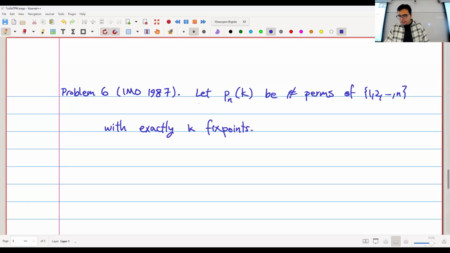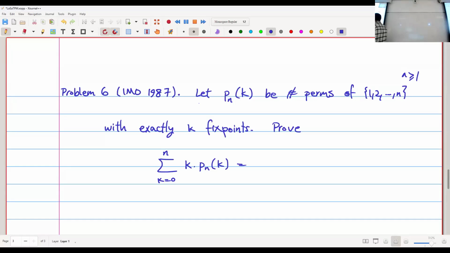And they're saying n is at least 1, so don't consider n equal to 0. This is what you should prove: the sum of k from 0 to n of k times P n k is equal to, I'm not going to even tell you what to put here. It's equal to n factorial.